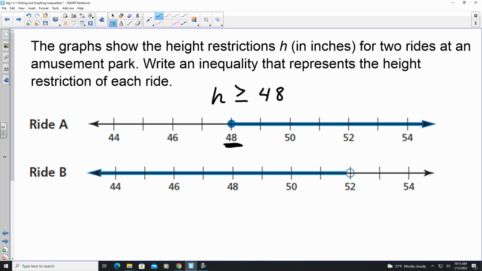So for ride A, H must be greater than or equal to 48. For ride B, I'll put H on the left-hand side. I'll put 52 on the right-hand side. My arrow is going to the left. So my inequality arrow will also go towards the left as well. So in this case here, H is going to be less than 52.